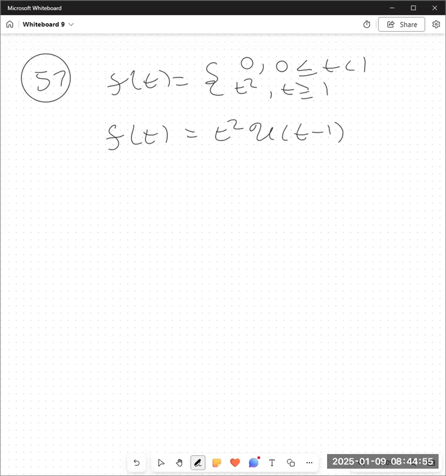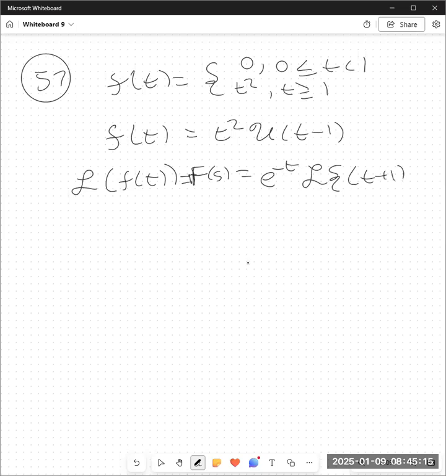So my Laplace transform of f of t, which is going to be equal to capital F of s, is going to be equal to e to the -s, Laplace transform of t plus 1 squared, is equal to e to the -s times the Laplace transform of t squared plus 2t plus 1.